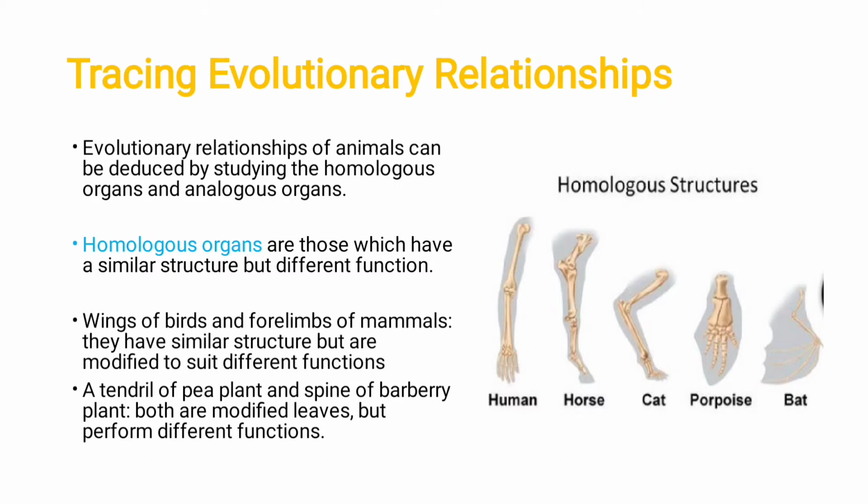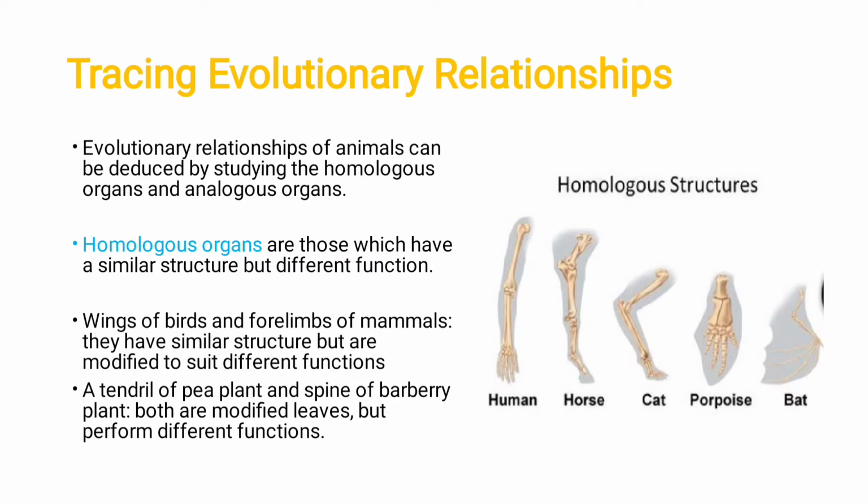A bat uses its limbs for flying, a human uses hands for doing work, and a horse uses its legs for running. So they have a similar structure, but their functions are very different. These organs are called homologous organs.